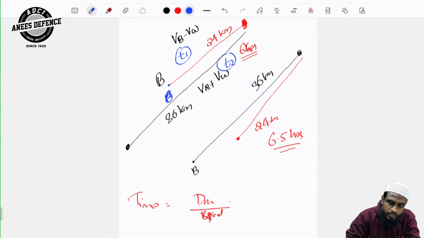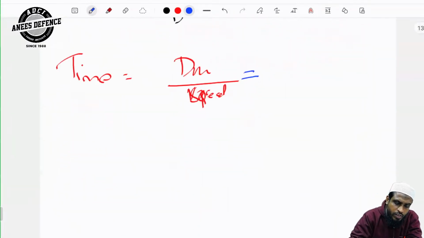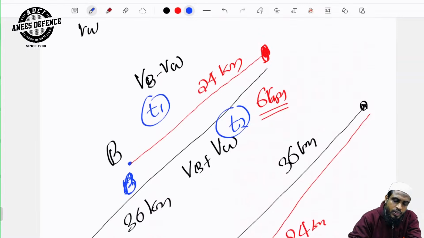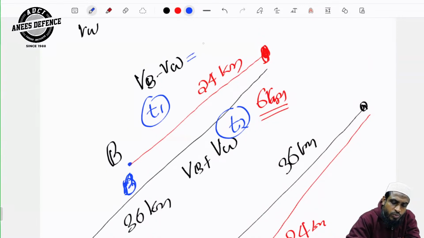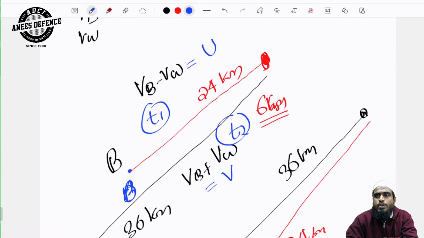First case, total time taken is 6. 24 kilometer upstream. If you put VB minus VW as U and VB plus VW as V, the effective velocity in upstream is U. The effective velocity in downstream is V.